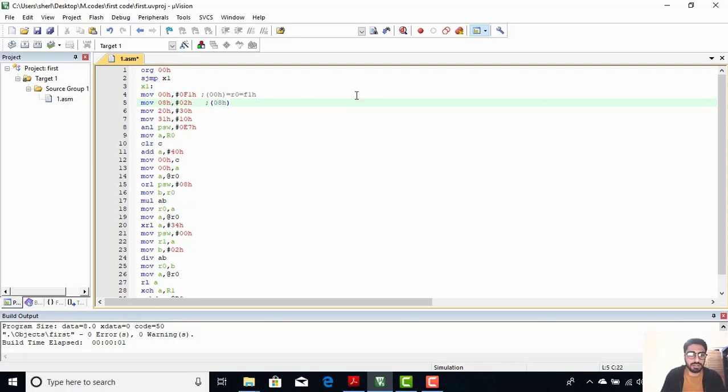And the same for 08 hex, which means it's register 0 of bank 1. This time bank 1 equals the 02 hex value, and same for this line.